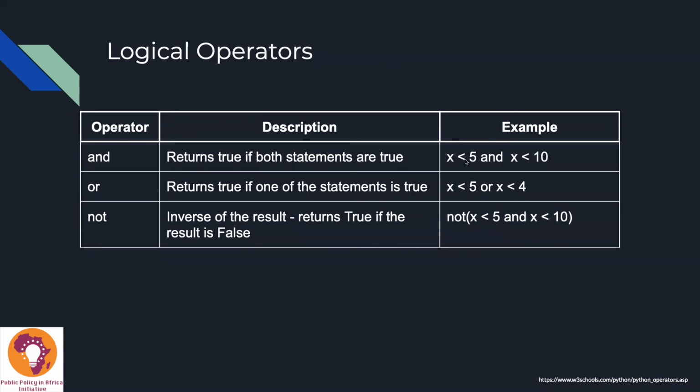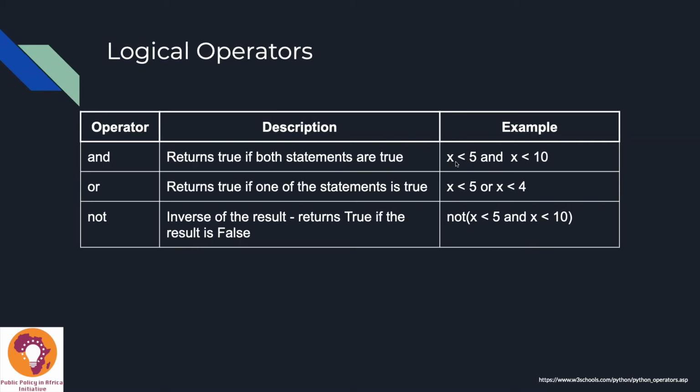Here we're asking, is x less than 5 and x less than 10? So this is now a larger Boolean expression. Remember, x is less than 5 is a Boolean expression. X is less than 10 is a Boolean expression. And now we've created an even larger Boolean expression by adding the and in there.